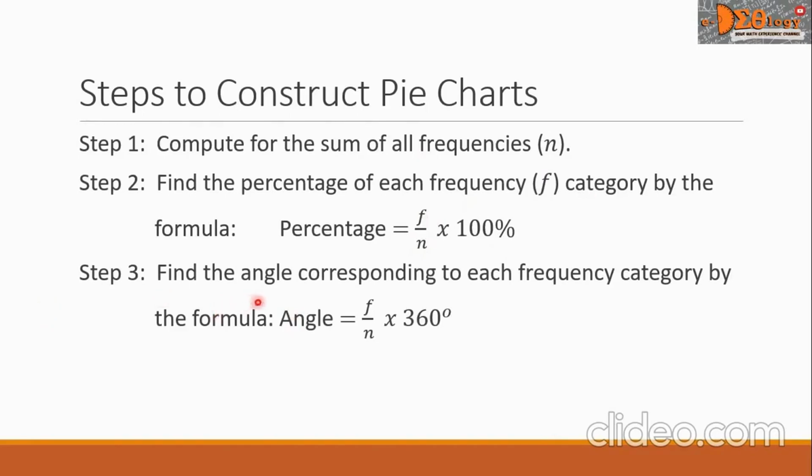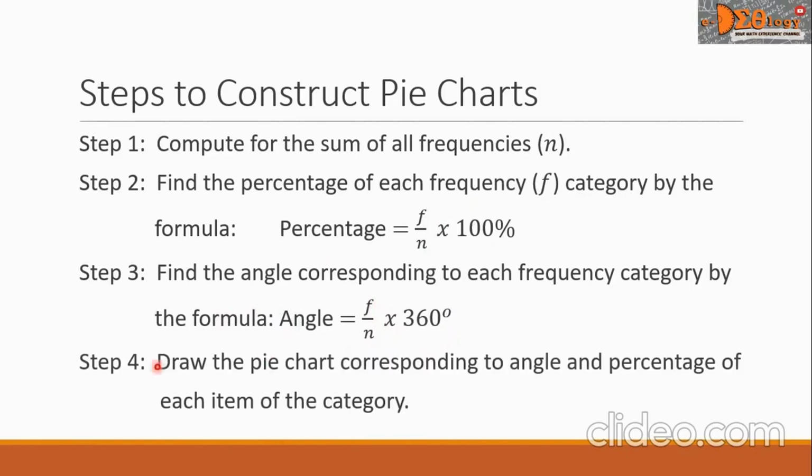Find the angle corresponding to each frequency category by the formula angle equals f over n times 360 degrees. Step 4. Draw the pie chart corresponding to angle and percentage of each item of the category.